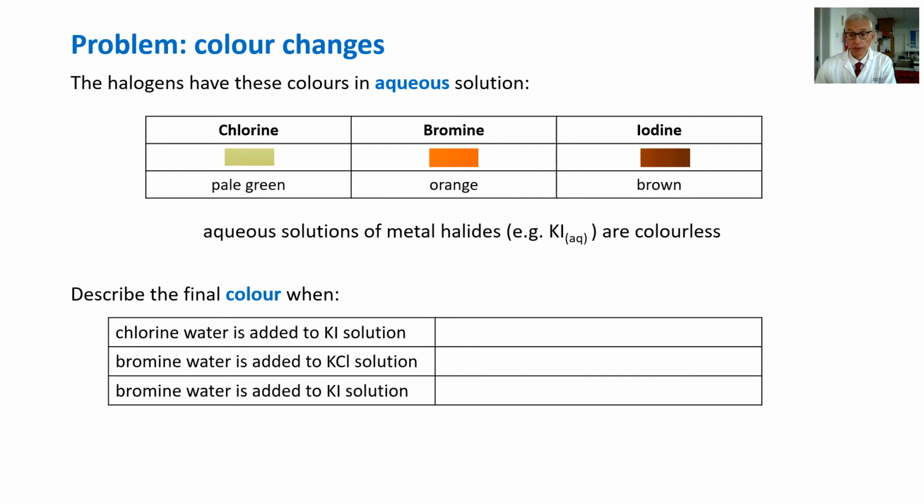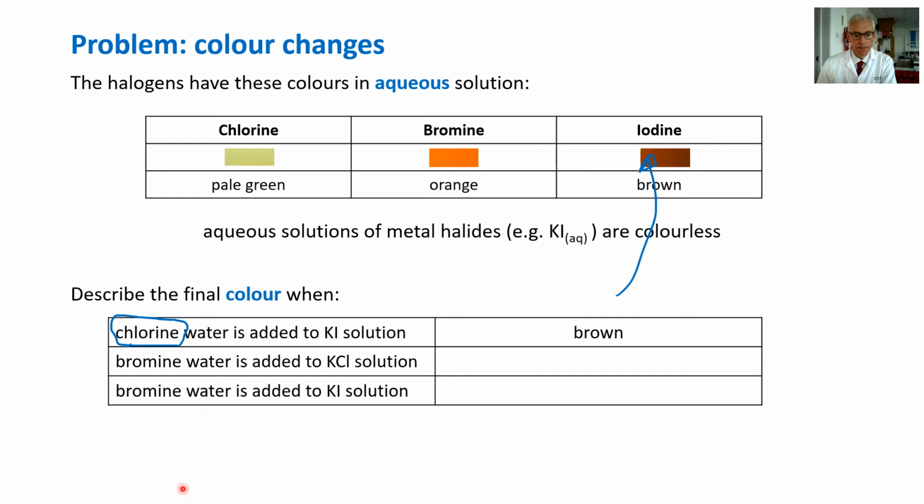So we have brown as a final colour. Now how can that be? Well, chlorine water is added to potassium iodide, so chlorine is more reactive than iodine, so iodine will be displaced, so we will get iodine being formed, a brown solution.